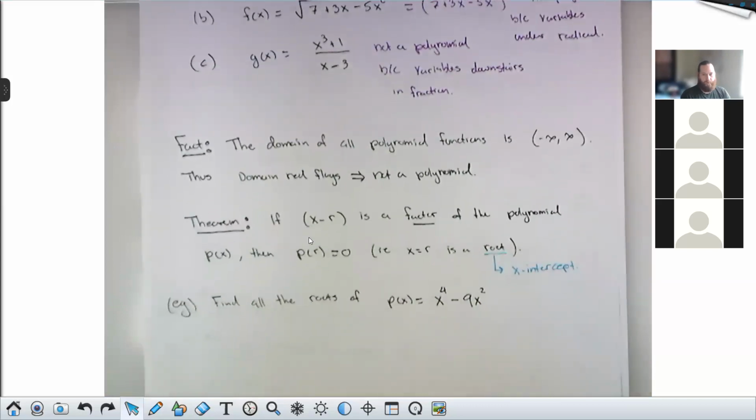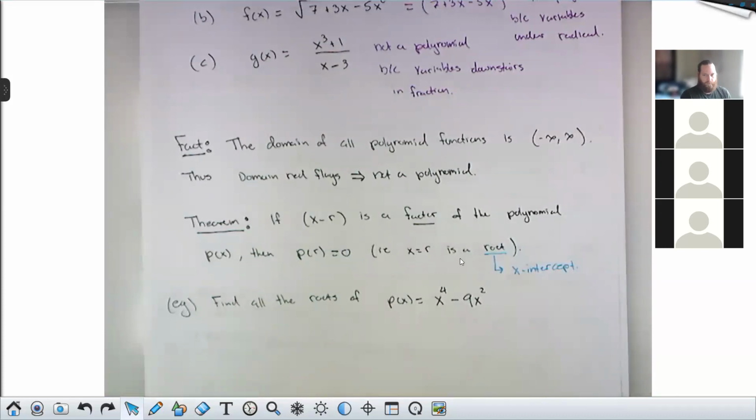And this could also have been phrased as find the x-intercepts, right? Root and x-intercept mean the same thing. You'll see both of those. We could have also phrased this as find all the solutions to p of x equals 0, right? Because that's what an x-intercept or a root is. It's a place where the output from that function is 0. That's why it is an x-intercept.